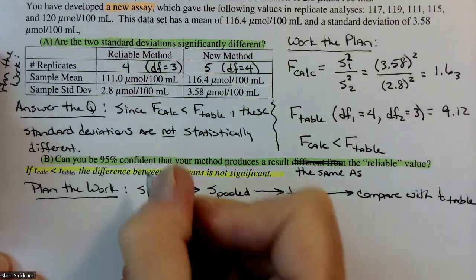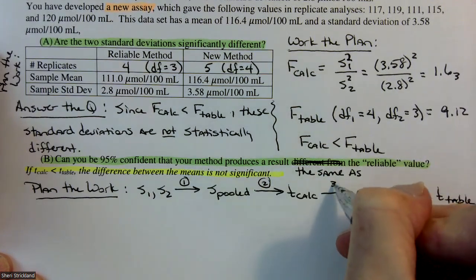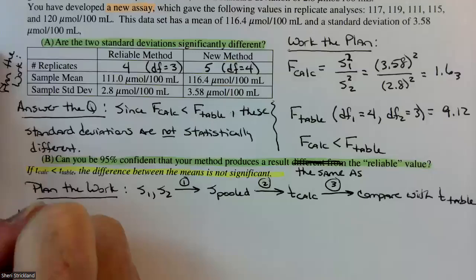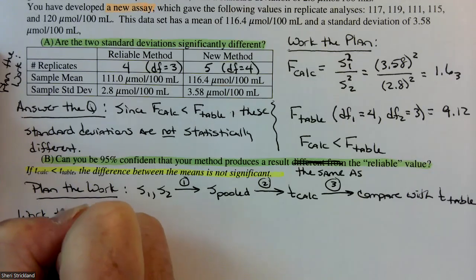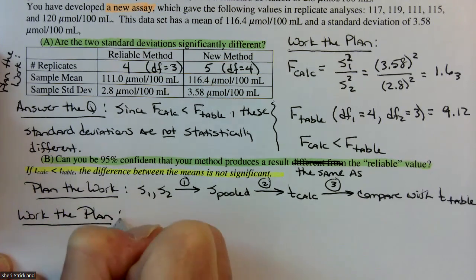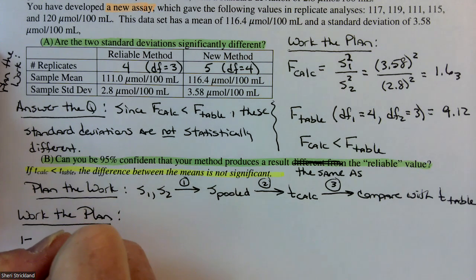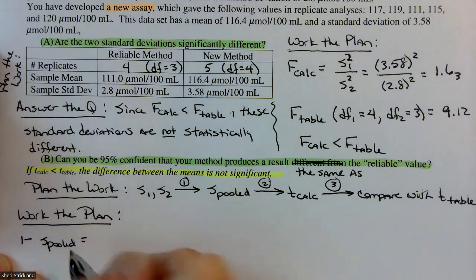All right, so the first thing I want you to do is pause the video and calculate the pooled standard deviation, but let's set it up first. Put our information into the equation that you've got above there.